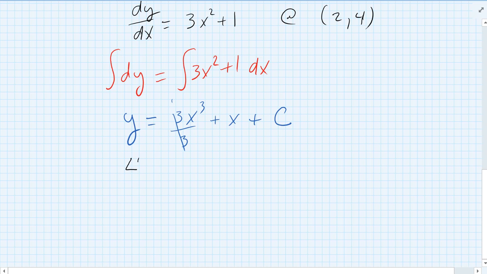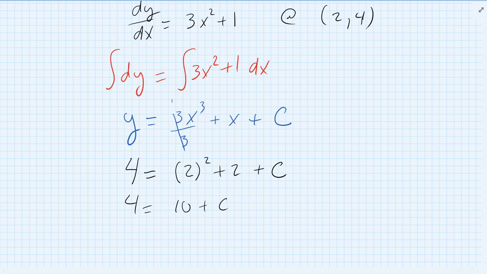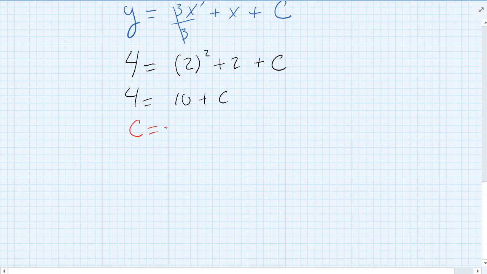Do we know that the y is 4 on our point, and our x is 2, so it's 2 cubed plus 2 plus c. Well, that's 10, right? So 4 equals 8 plus 2 is 10 plus c. That means that c is equal to negative 6.